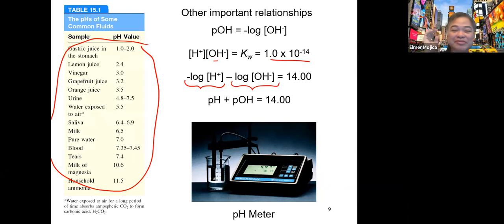Sumasakit yung sikmura mo. May empatyo, heartburn, o di kaya hyperacidity. Right? And lahat nung nandito, 10.6, 11.5, cleaning materials. Yung tears daw 7.4. So basic, ibig sabihin mapait, kasi basic siya.